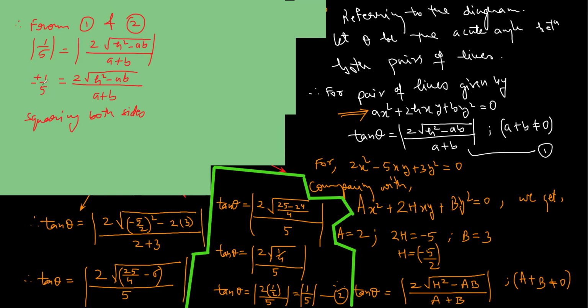I get square of plus minus 1 by 5, that is 1 upon 25. And now I will get both positive only. Equal to 4 times, square root goes off, so 4 h square minus ab upon a plus b, the whole square. Cross multiply. So I have a plus b the whole square equals to 100 h square minus ab.